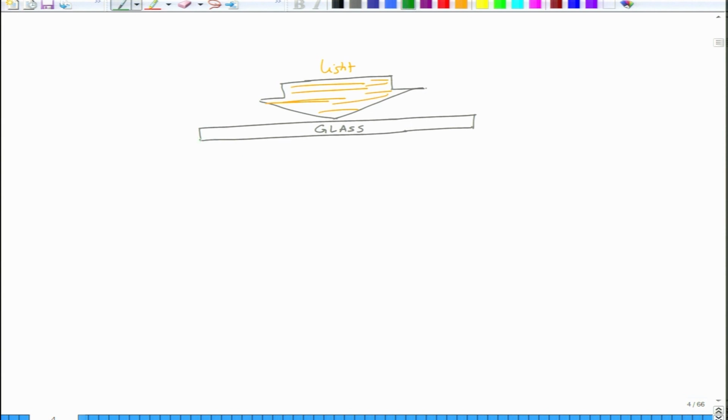Next to it we have a tin oxide layer. This is conducting, so it makes an electrode, or we say contact. Next to this tin oxide, we have what we call textured tin oxide.